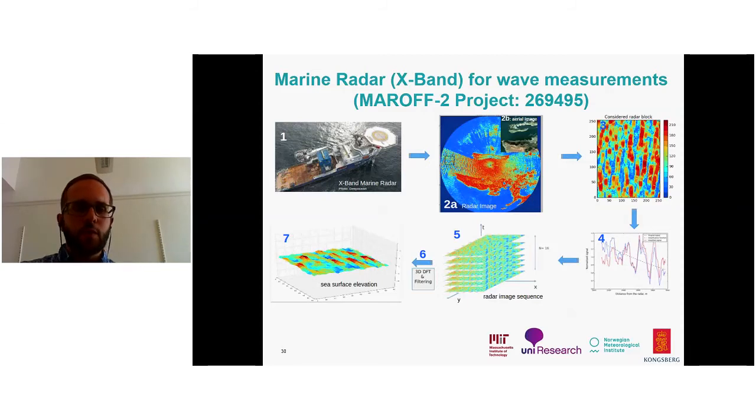First, this is usually deployed on board a ship, but it can also be deployed near the coast. In the second image, we see a radar image. The color represents the intensity of backscattered electromagnetic wave energy received by the radar.